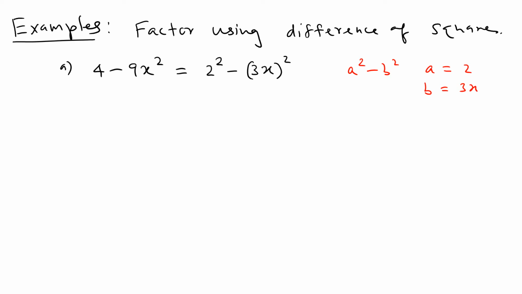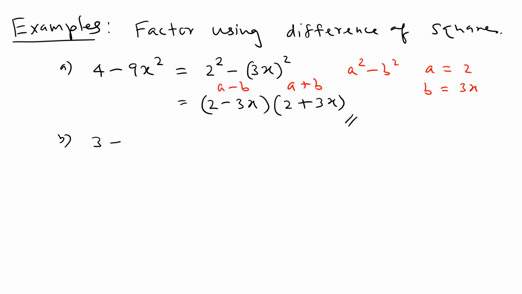So we can use the formula. The first term has the form a − b, so that means 2 − 3x. The second one has the form a + b, that means 2 + 3x. So that's how we're going to do it.